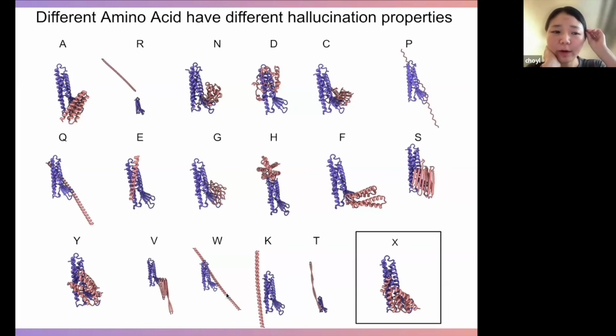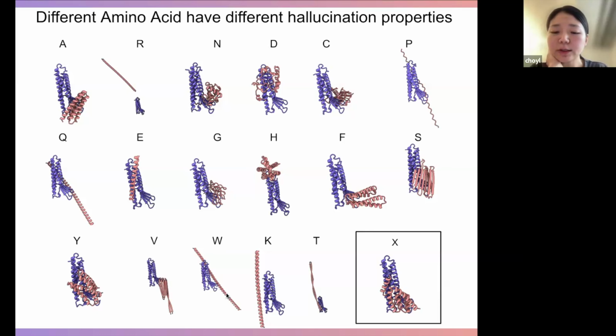But the cool thing we figured out is that all AlphaFold 3 style models are trained with 20 different amino acids, plus an additional X token, which is actually the unknown token. We figured out the unknown token really works well, and we can easily hallucinate with this token.